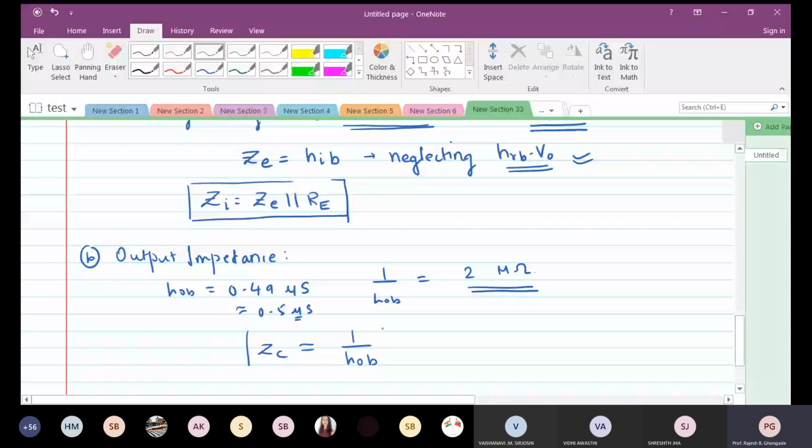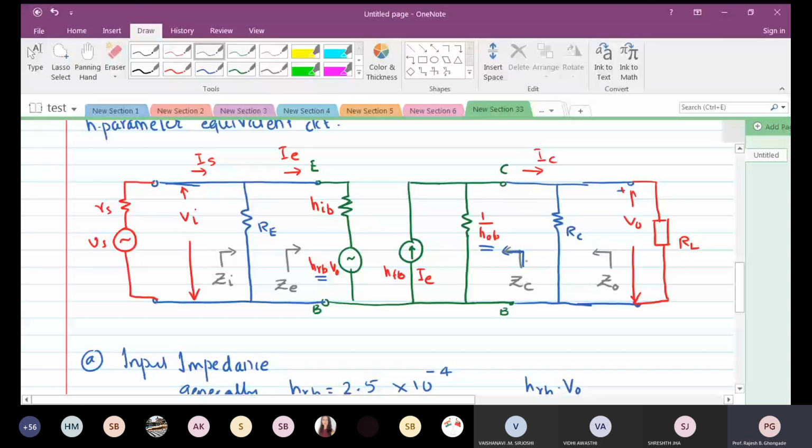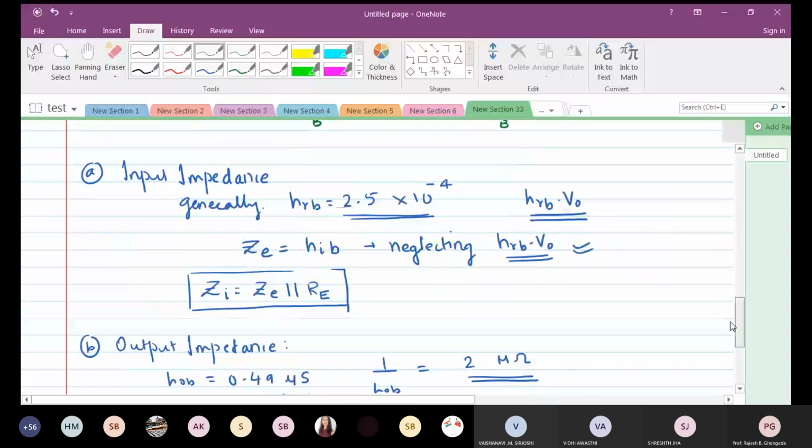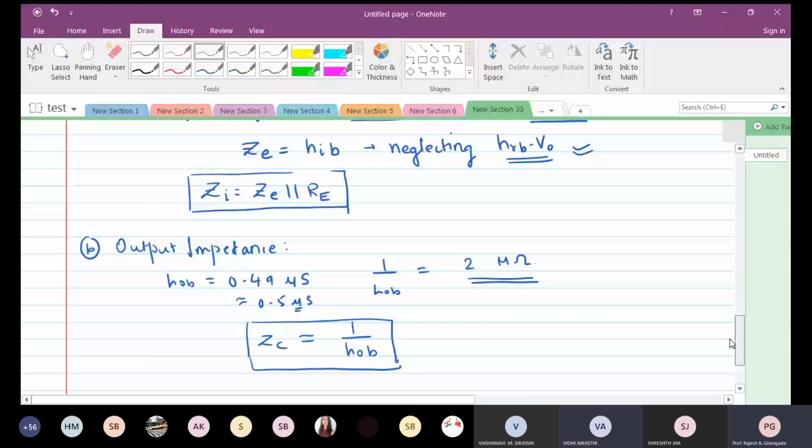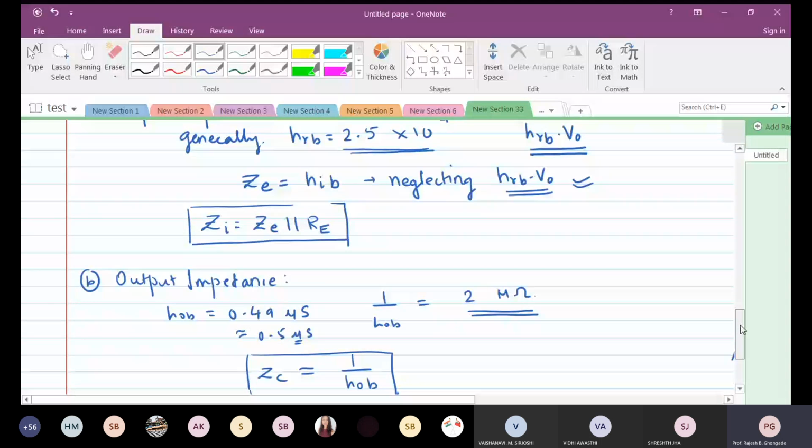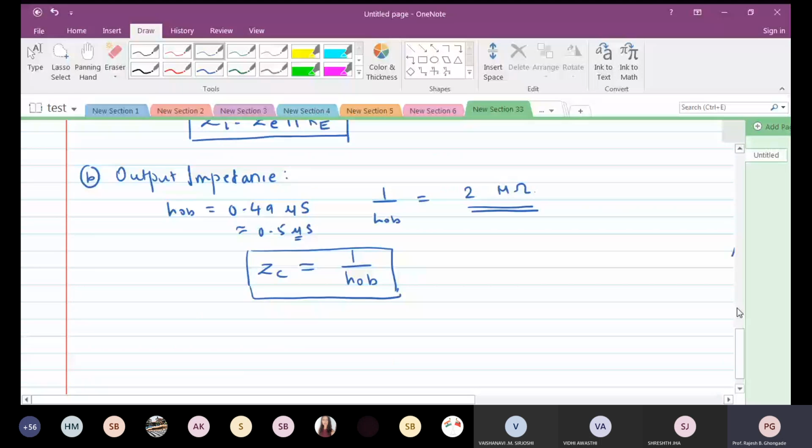So this large value is going to overpower anything else that is there. So we can say that the device output impedance ZC is 1 by HOB. So remember that the output impedance of the transistor in common base configuration is a very large quantity.